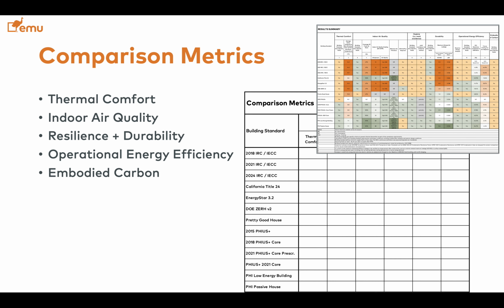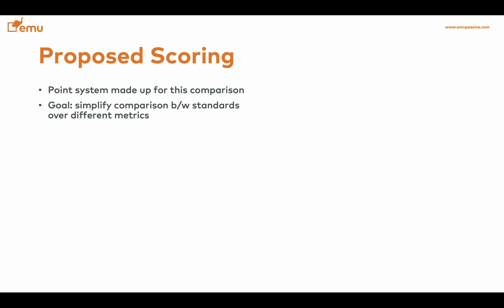Because you cannot really compare apples to apples effectively there, we made up a scoring system. We're trying to simplify the comparison. It's a point system made up. We try to have a simpler comparison between different standards over metrics that are significantly different from each other.